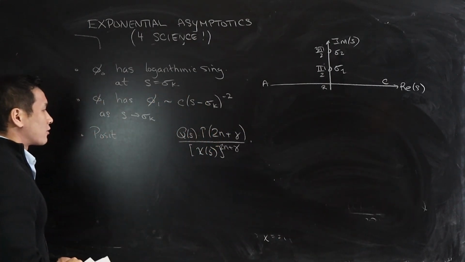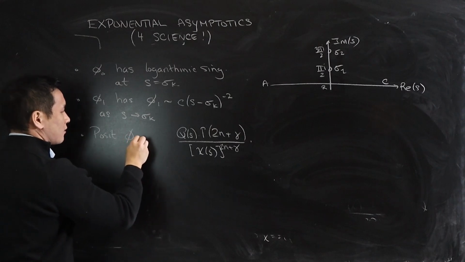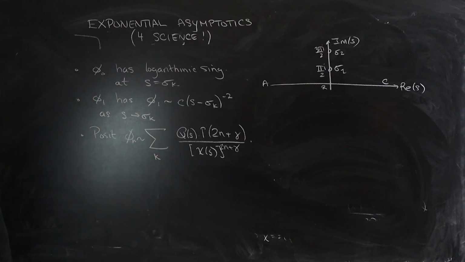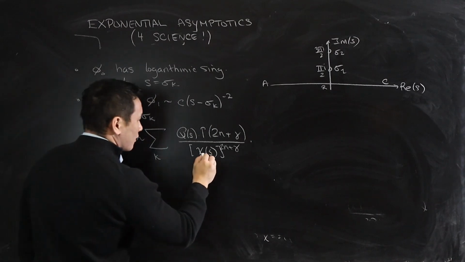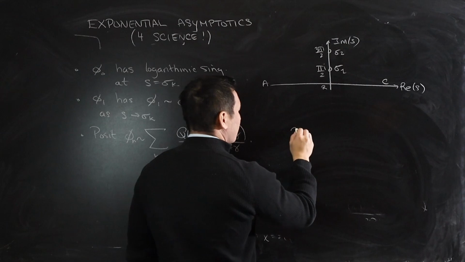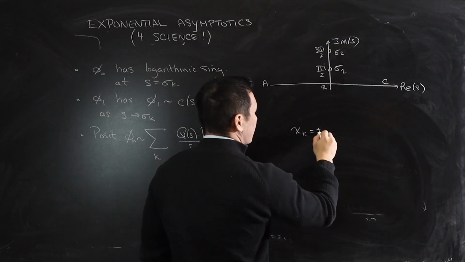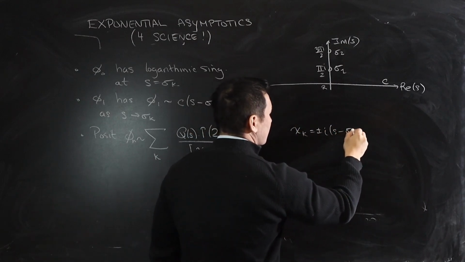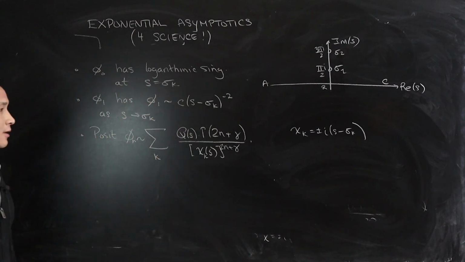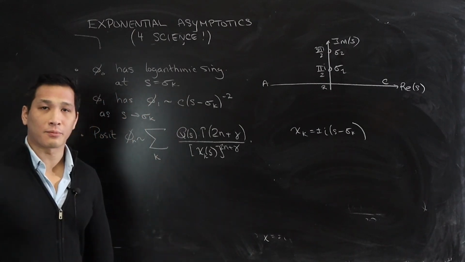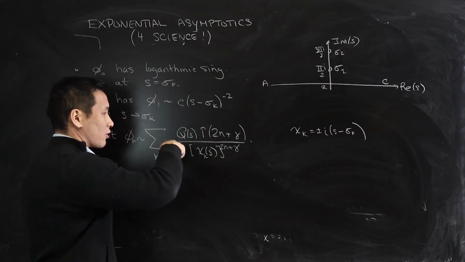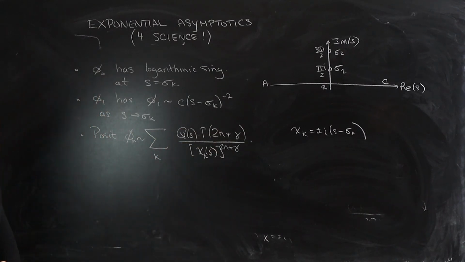You can think of the general divergence as a sum over all the k's here, and each chi_k is plus or minus i times (s minus sigma_k). That's a general ansatz, but because of the linearity of the process, you can just work with a single term, a single 2n plus gamma.